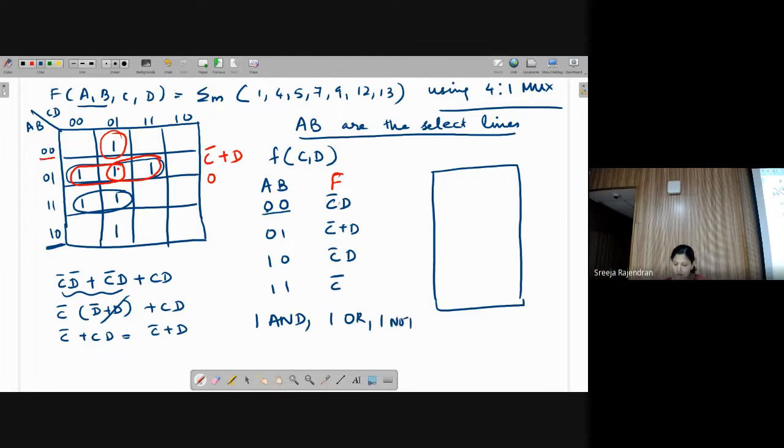Because I have C bar dot D, I have C bar plus D or D, and I have C bar. So these three gates I will require additionally. First one is C bar D. So you just write it, and we are not actually making the connections or anything. C bar plus D, C bar D, and C bar.